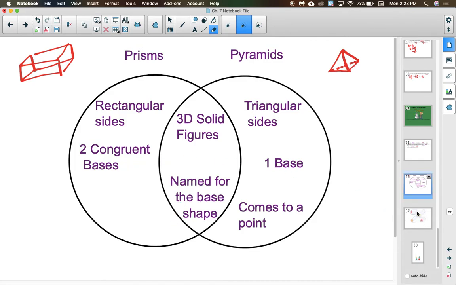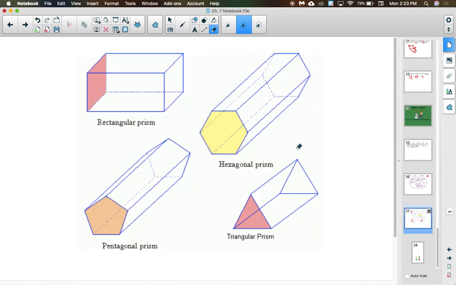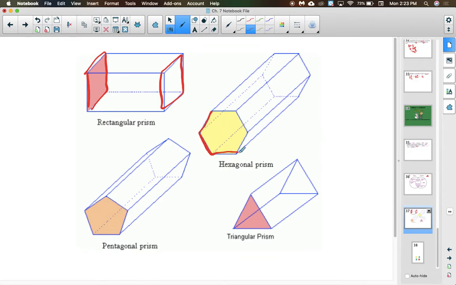Let's talk about naming them. So these are just some sketches of some prisms, and these are all prisms, and I can tell that because they all have two bases. So here is a rectangular base, and directly across from it we have another rectangular base, and then all the pieces connecting those two rectangular bases are also rectangles. This is called a hexagonal prism because the base shape is a hexagon.